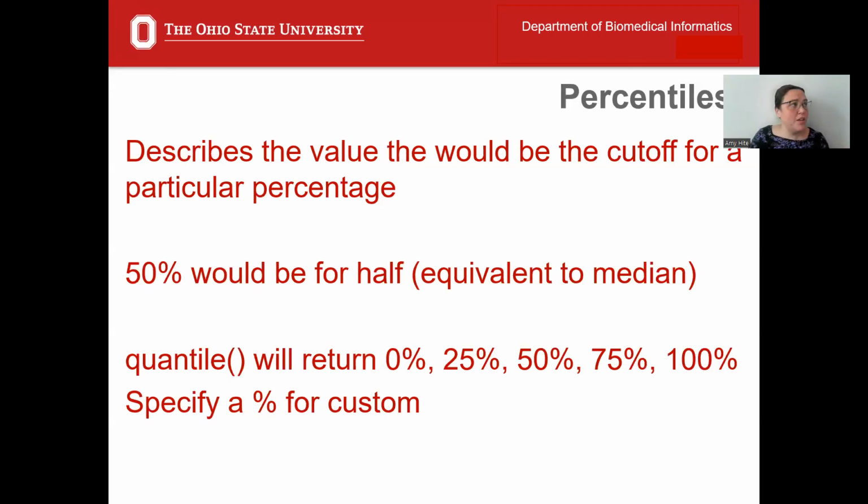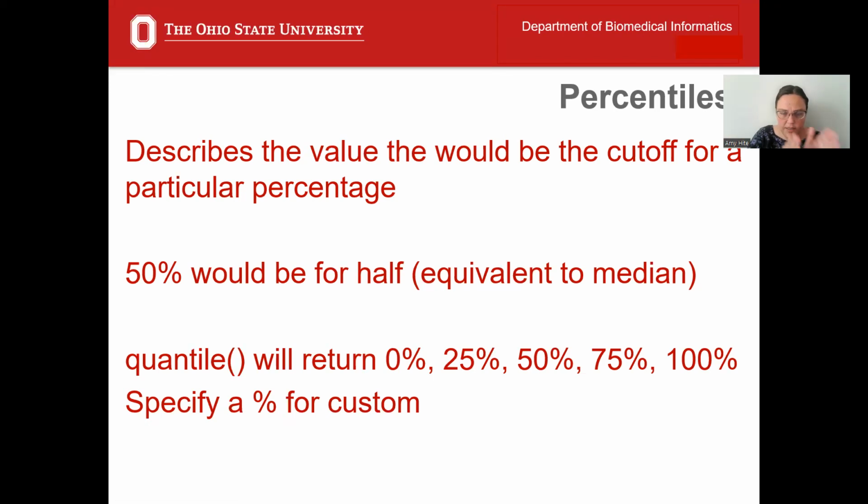Percentiles. Sometimes we talk about percentiles within these data sets. We do it a lot with kids and their weight and height. A percentile describes the value that would be the cutoff for a particular percentage. So the 50th percentile would cut our data set in half. There's quantile, quartiles, which are those quarters.